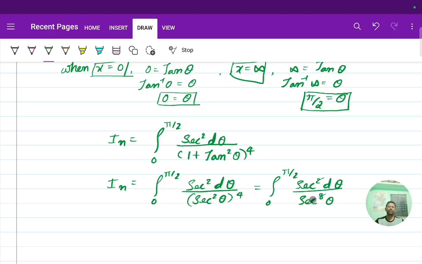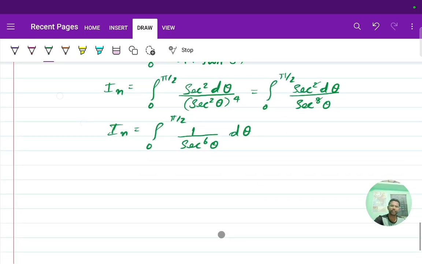So the square and 8 cancel, that is I_n is equal to the integration over 0 to pi by 2 of 1 by secant power 6 theta d theta, right? The remaining part is this.